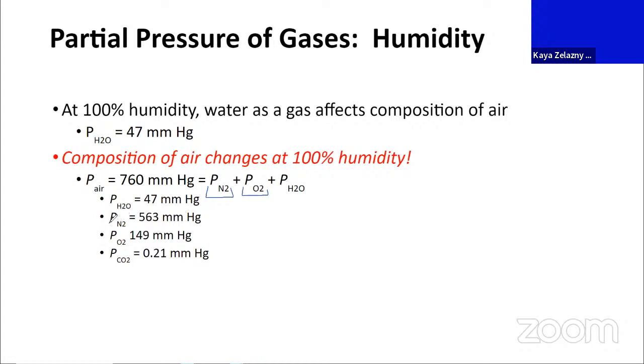We're not going to calculate them out here exactly, but you'll see that our numbers have dropped. This partial pressure for nitrogen is now a bit lower. That partial pressure for oxygen is also a bit lower than what we calculated on the previous slide. And we now need to take into account a partial pressure for our water vapor. And since we're going to be thinking about carbon dioxide, at this point we do have a very small partial pressure for our carbon dioxide.